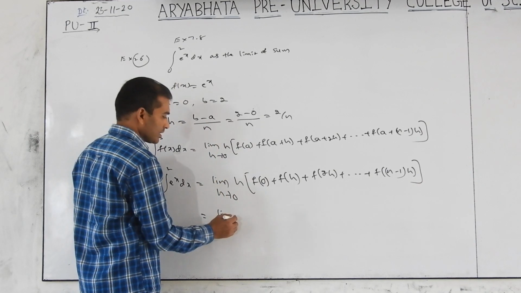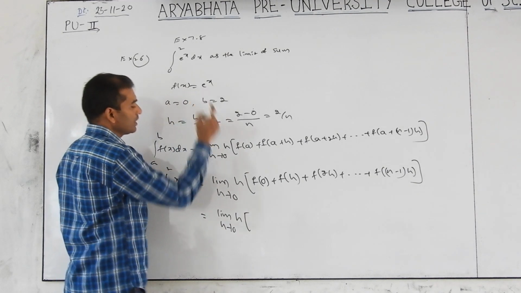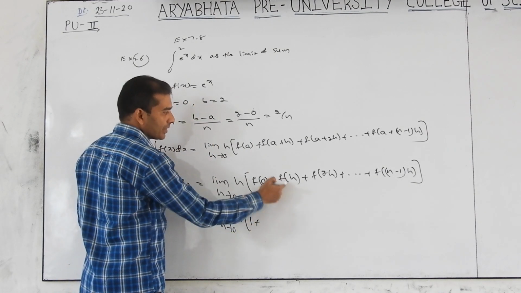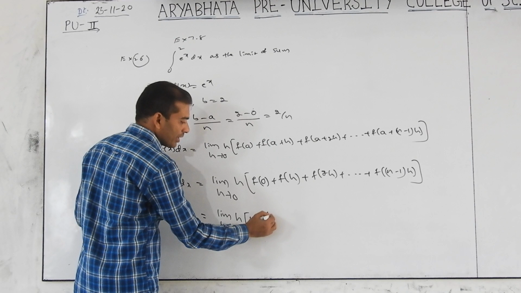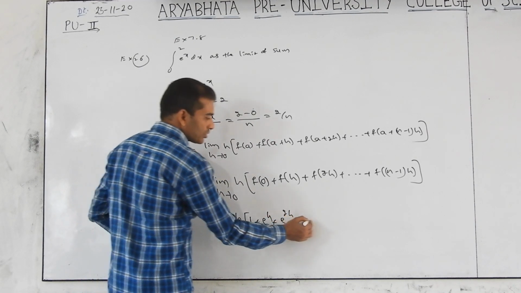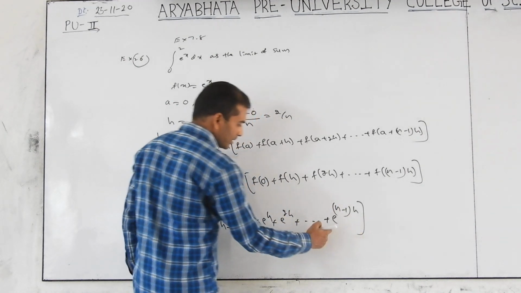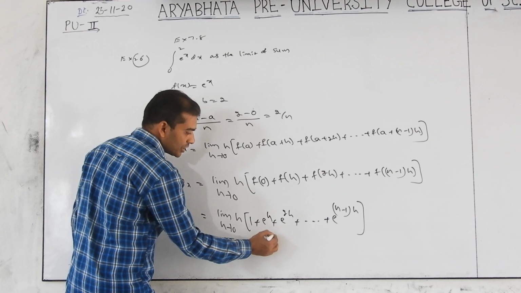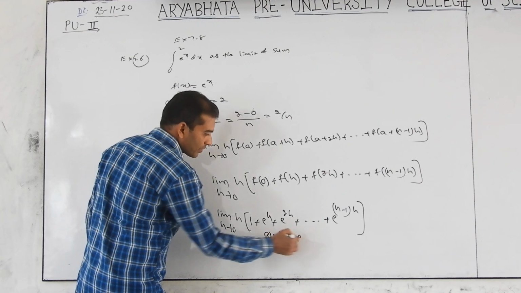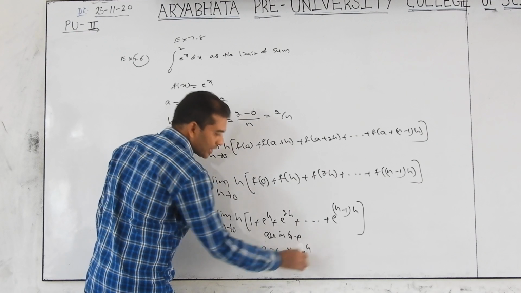Example 26. h into f of 0: put x equal to 0, e power 0 is 1. f of h, e power h. f of 2h, e power 2h. And so on, e power n minus 1 into h. This is our GP. What is the first term? a is 1. Common ratio r is e raised to h.